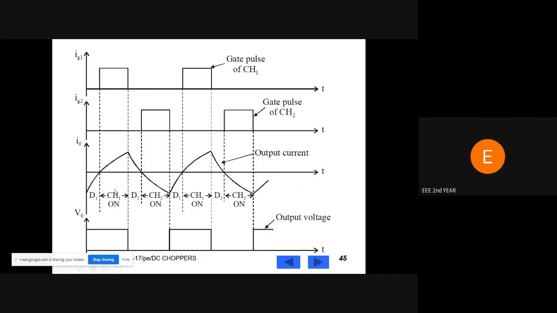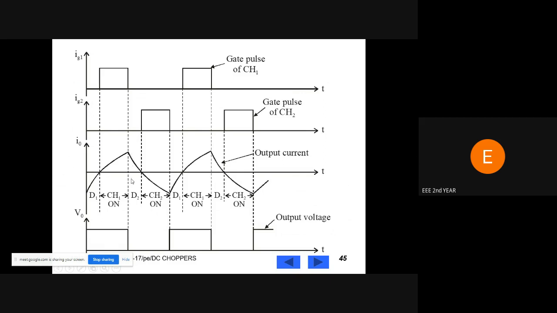If chopper CH1 is in the off condition, D1 starts to conduct, operating in the negative term. If CH1 is off, D2 operates as a freewheeling diode.